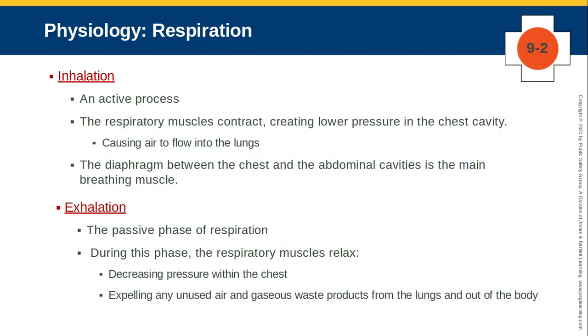Air outside at a higher pressure enters the lungs, which is now at a lower pressure, and consequently, the gas exchange occurs in the alveoli. Exhalation is more passive. The respiratory muscles relax, and we get the reverse flow of gases. Now, in addition to the diaphragm, we rely on accessory muscles too, the muscles that you find between the ribs in the rib cage.